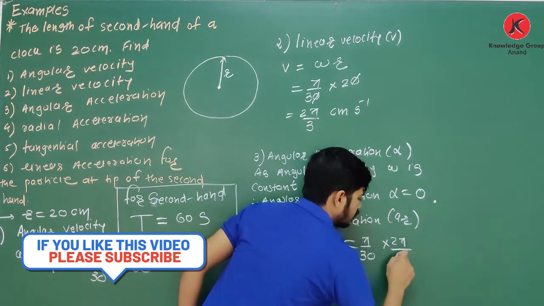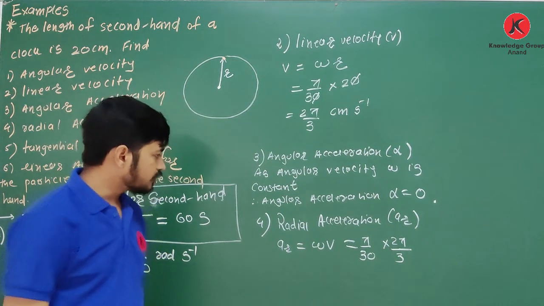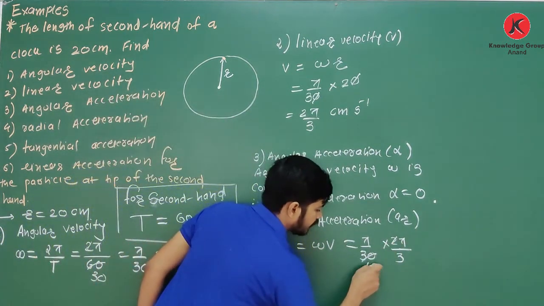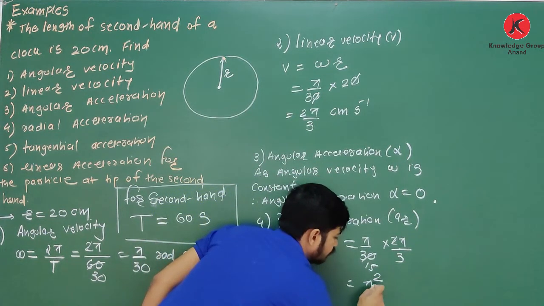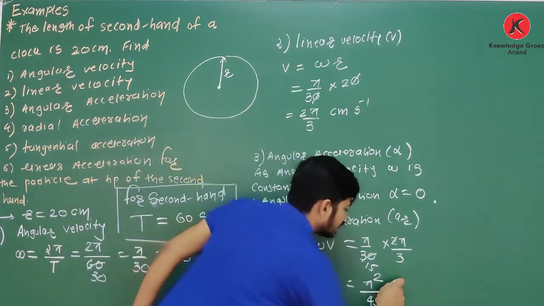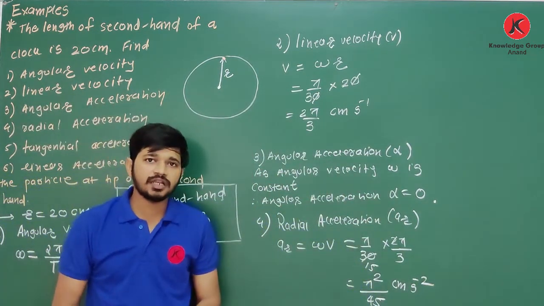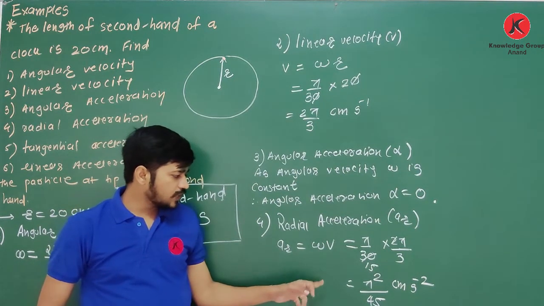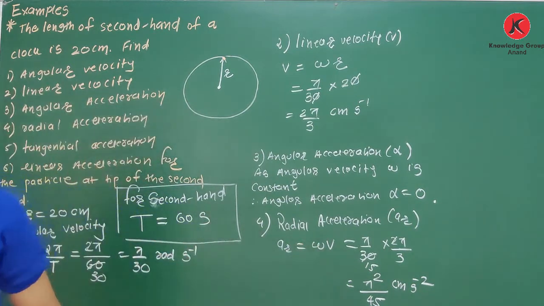So 2 over 3 times 15 means 45, and pi into pi is pi square, so it is pi square divided by 45. As it is linear acceleration, the unit is centimeter per second square. So AR is equal to pi square upon 45 centimeter per second square. Simple, you have to remember this equation only, AR is equal to omega v.